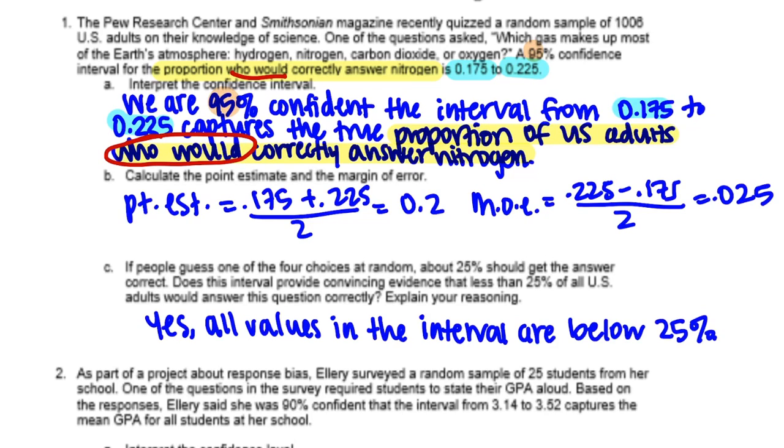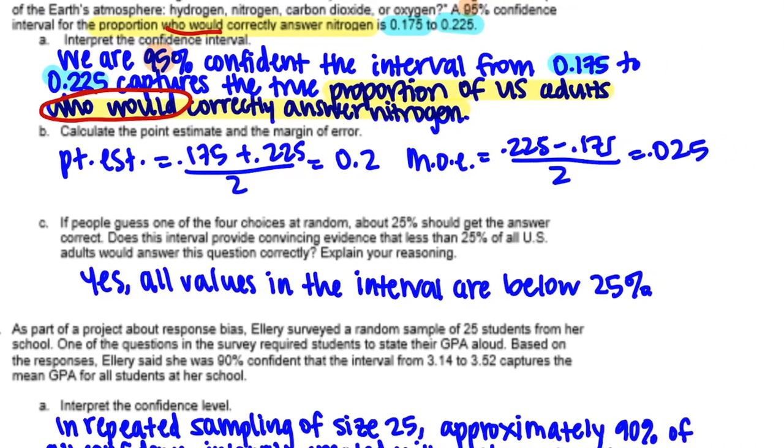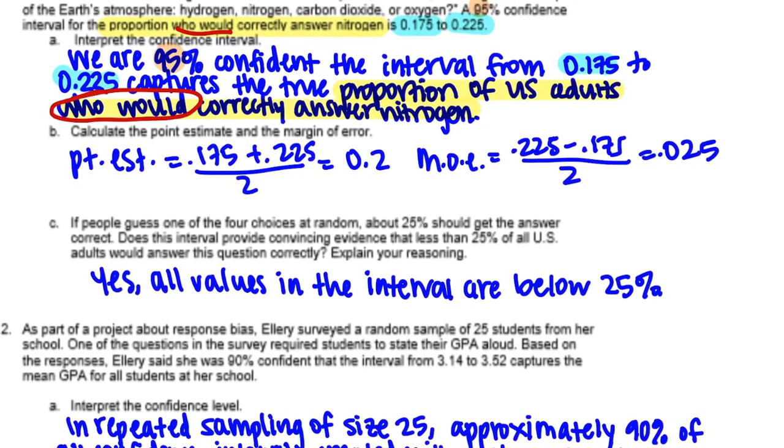We already know who did from the sample. It was 20% of them, but not who would overall in the population. And then remember, we have a plus b over 2 and b minus a over 2 for our point estimate and margin of error. And I could rewrite this as 0.2 plus or minus 0.025, and that's where the 0.175 and the 0.225 came from.